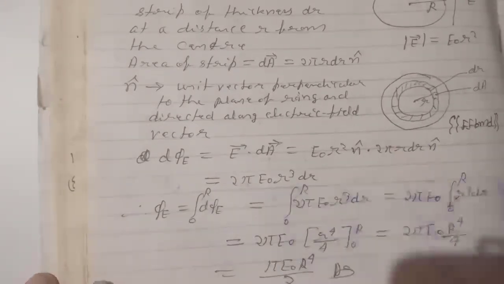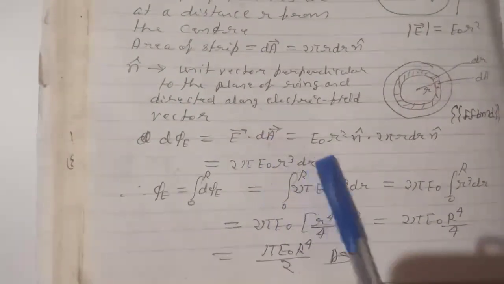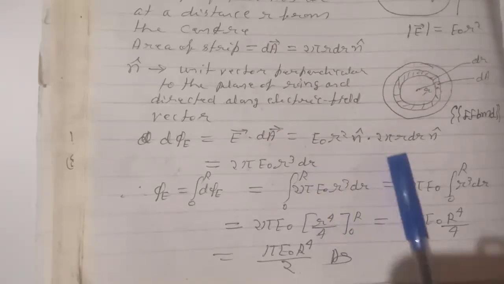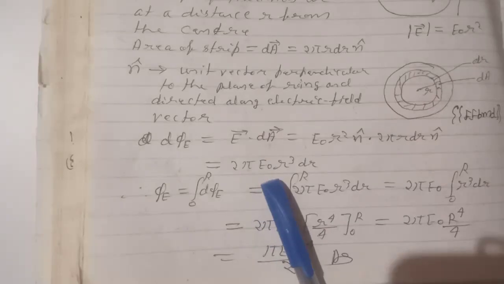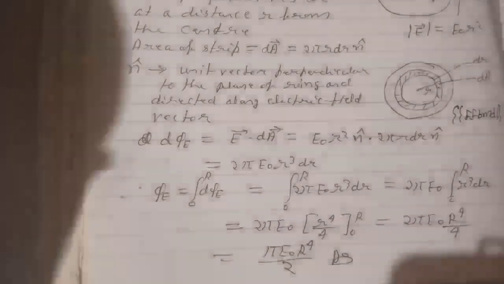So d phi equals E vector dot dA vector, E naught into r square n cap dot 2 pi r into dr into n cap, or 2 pi E naught r cube into dr.